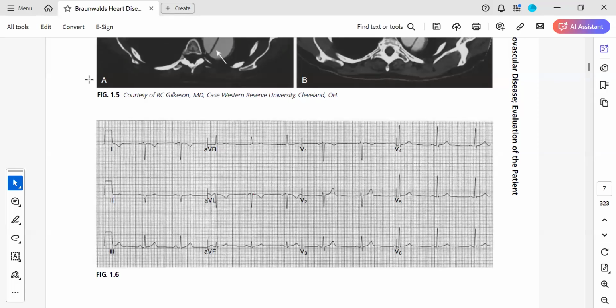Also, another option would have been a right ventricular hypertrophy. We would expect the right axis deviation.